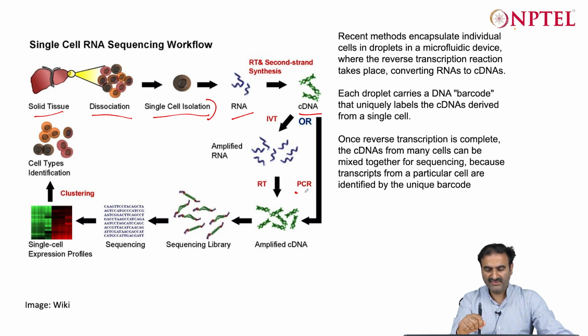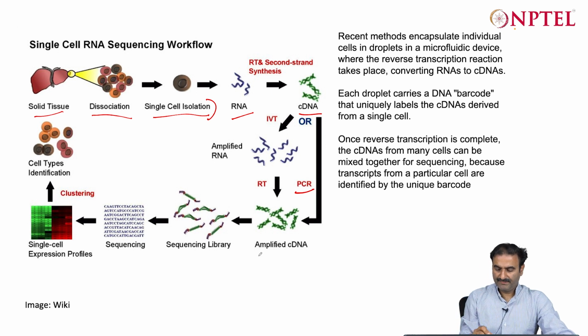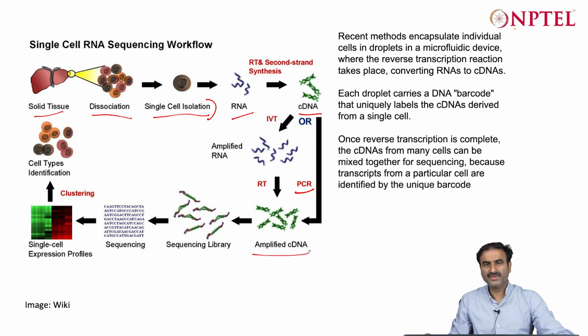Then go for the amplification by RT-PCR or normal PCR, and again look for the various transcripts that were present by sequencing and further analysis. So this can tell what transcripts were there, that means which genes were expressing at that point of time, what were the relative levels of expression, and then you can use various statistical methods to quantify and also compare the RNA expression between different cells or under different treatments or conditions or even in the same microenvironment.